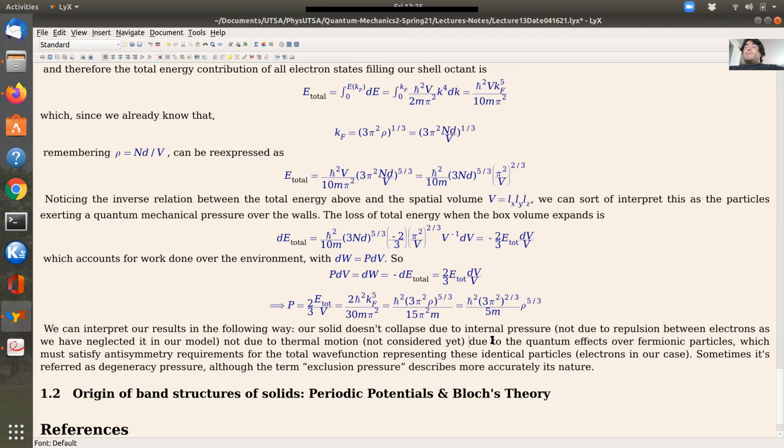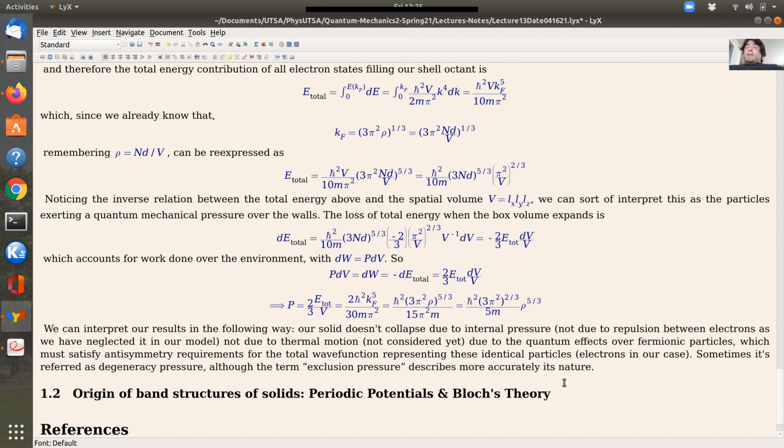And so the internal pressure is actually coming from the quantum effects over fermionic particles, which is basically the Pauli exclusion principle, where you must satisfy antisymmetry requirements for the total wave function. In this case we have fermions, which are electrons.